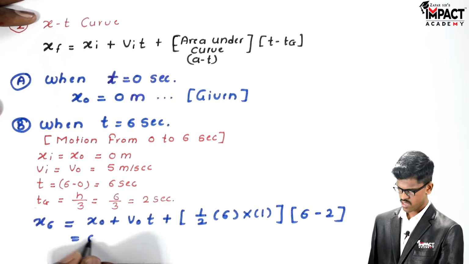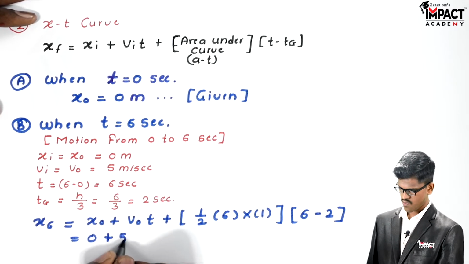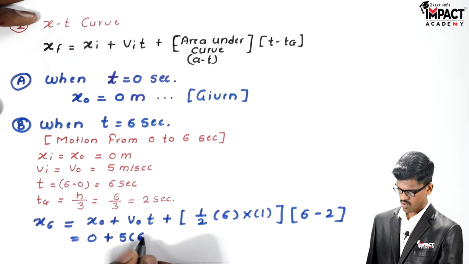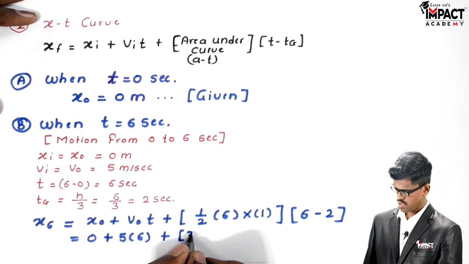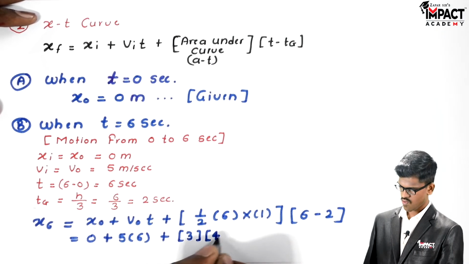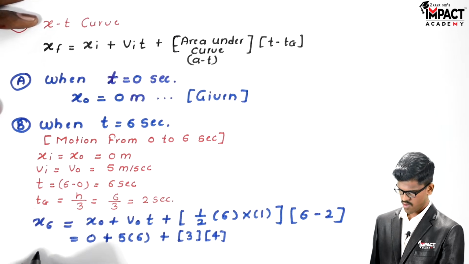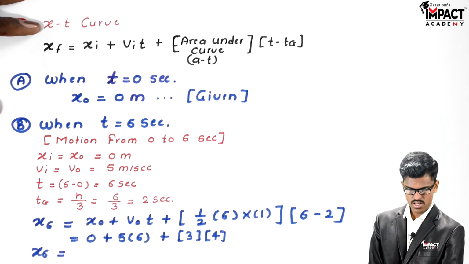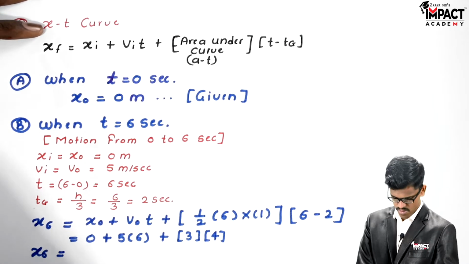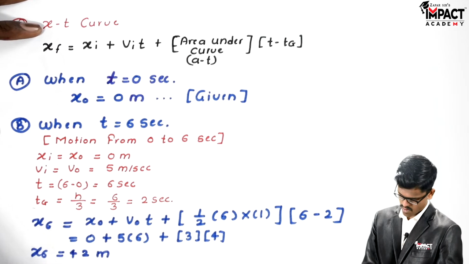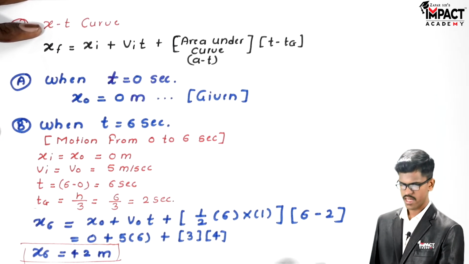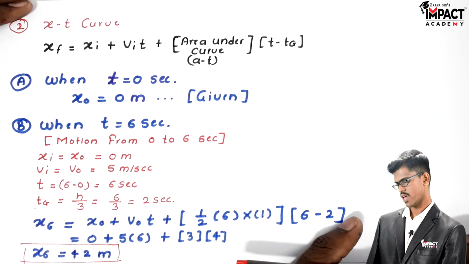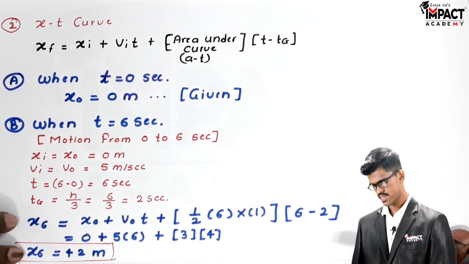Okay, x0 is 0, v0 is 5, t is equal to 6, 3 into 4. If we solve, we get the answer xf is equal to 30 plus 12, 42. We get x6 here.